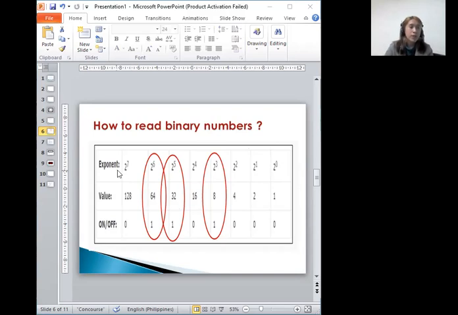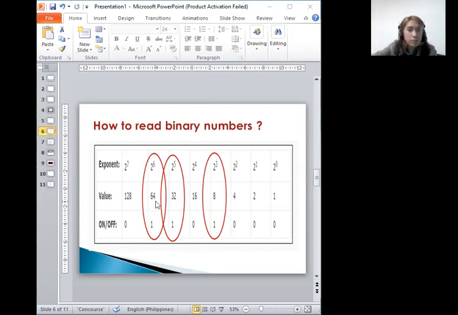Okay, so we have here the exponent, the value, and then the on and off. The following chart illustrates the binary number 01101000. So 1 byte siya kasi 8 digits po siya.